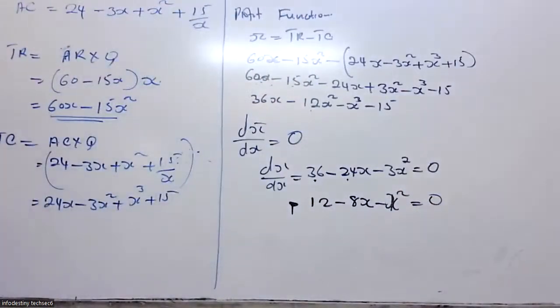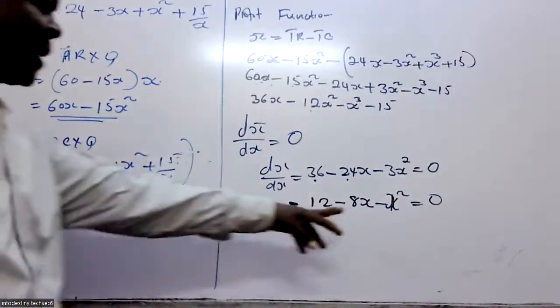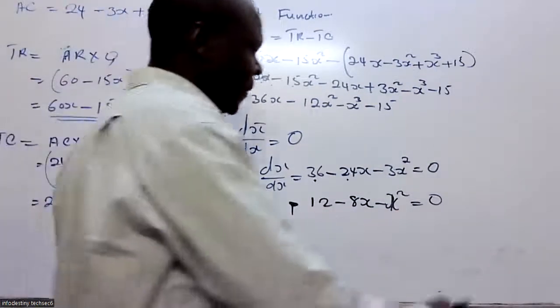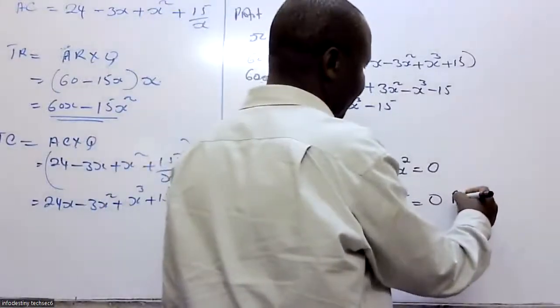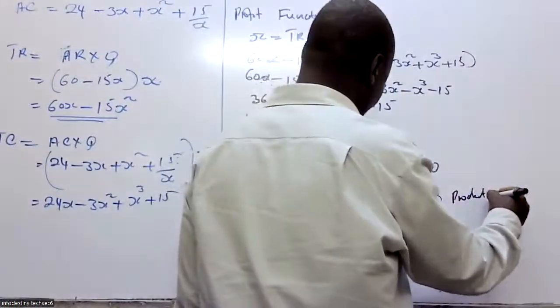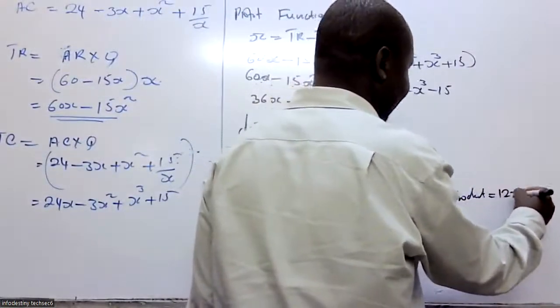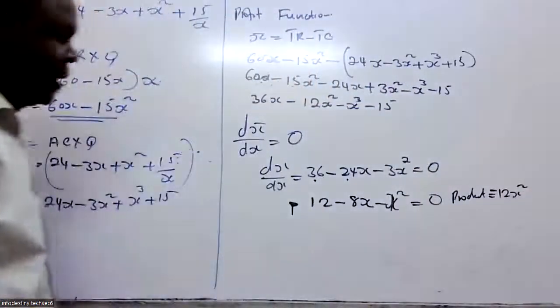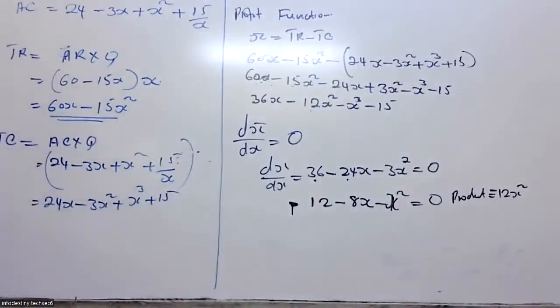So we are going to look for the numbers. When we multiply, it's going to give us 12x squared. First, let's take this one times this. It's going to give us what? This times this. So the product here will be equal to 12x squared, but it's a negative. You're together? It's a negative. So we look at two numbers.